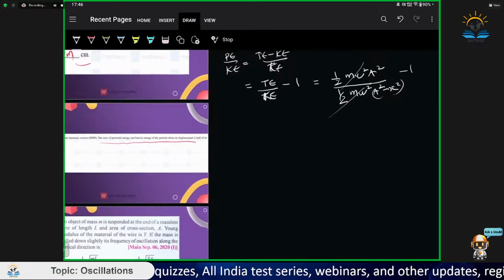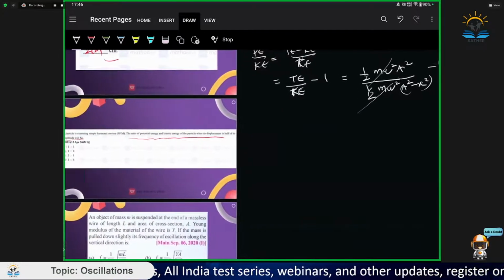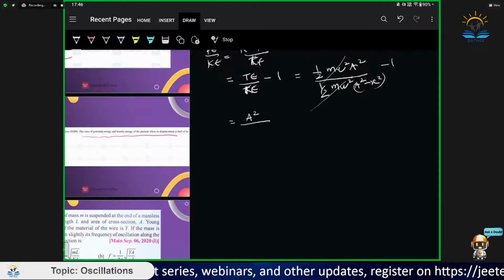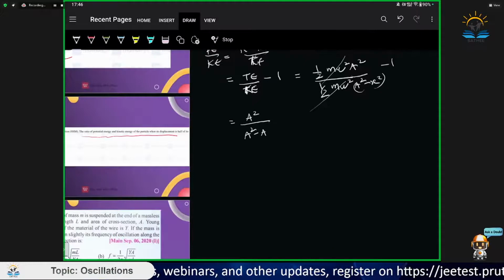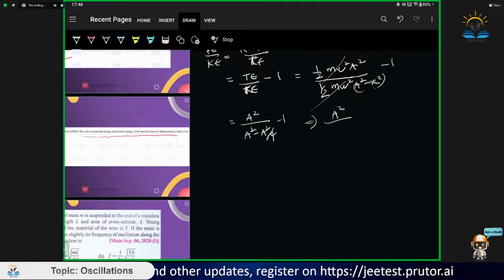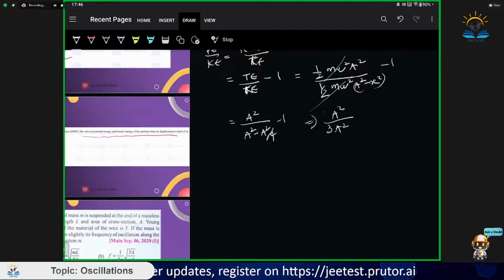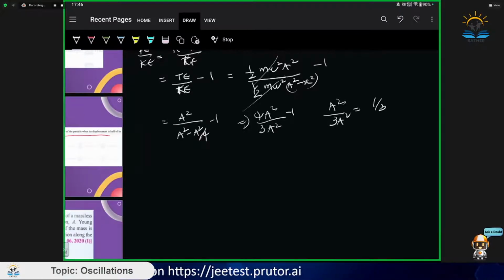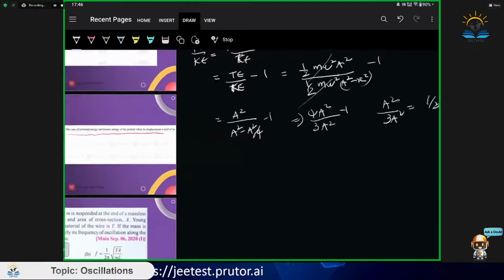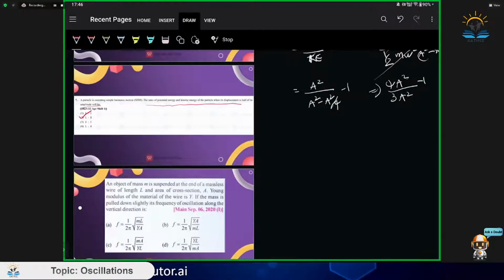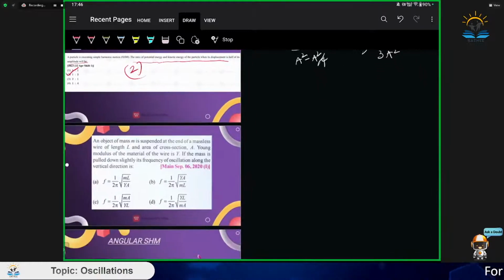It is given that displacement is a by 2. So this will be a square divided by a square minus a square by 4, minus 1. That is a square divided by 3a square by 4, minus 1, or a square divided by 3a square, or 1 by 3, or 1 is to 3. So which option? 1 is to 3. Option 2 is the correct answer.